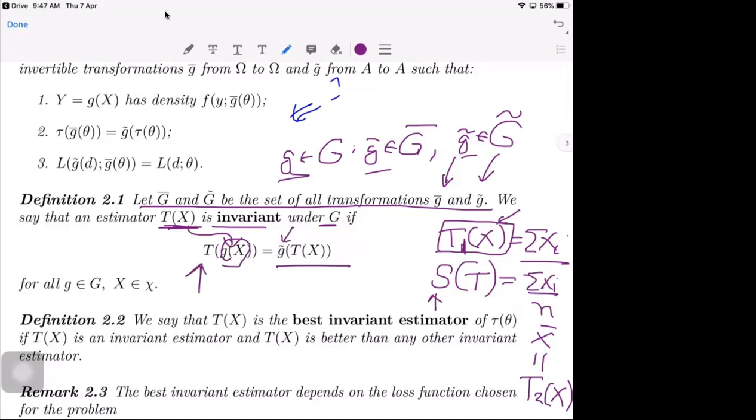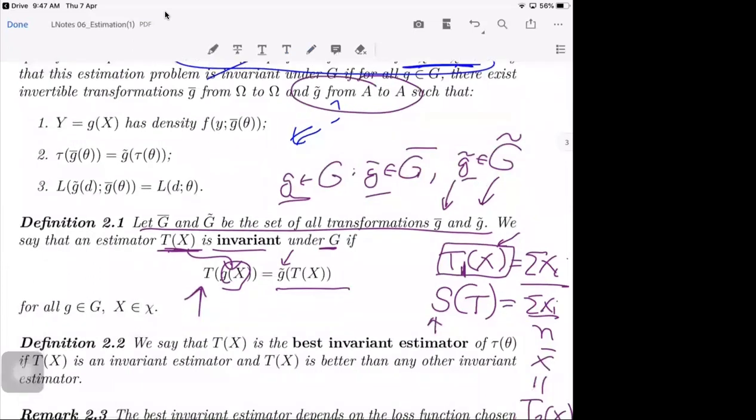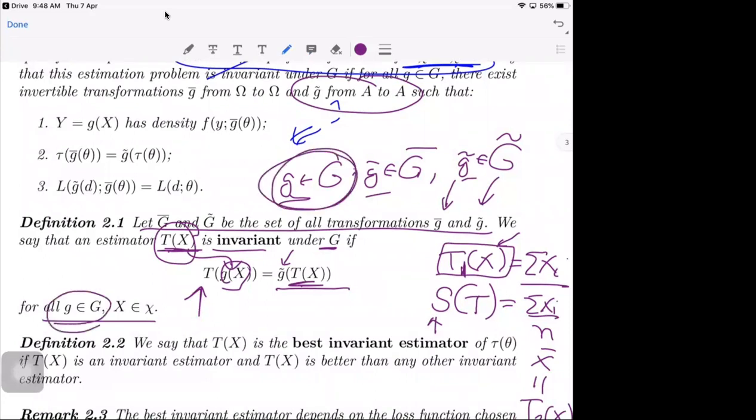This G tilde is on your action space, no? So asa nimo i-convert action space on your TX, on your estimator. For all G in G, so ang G in G nimo can be G tilde or G bar, and for all X in your data set or data space. So that is the definition of an invariant estimator.